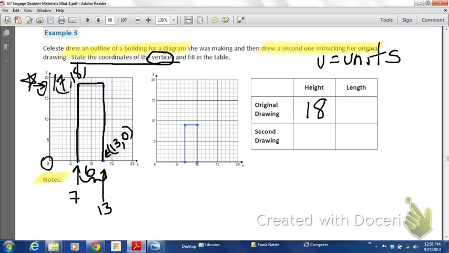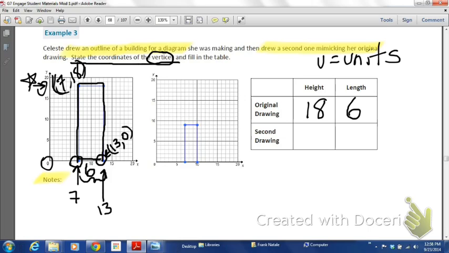And I'm drawing the coordinate points here because I think that's really good to do. Now the length is going to be this portion right here. Here we see that it's 7 and it's 13, and the difference between those two is what it is in the middle, and that's 6 units.